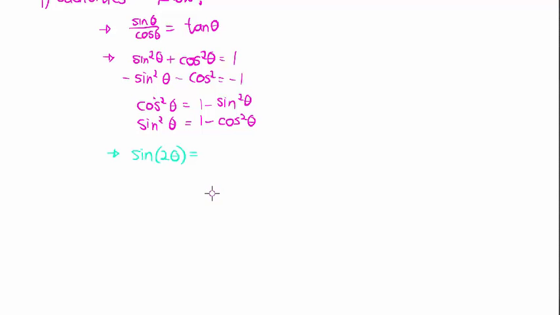I'm suggesting next year that they take that off the formula sheet, because the problem is, guys, you see it and you don't recognize it when it's in reverse. So is it sine of theta by theta? No, it's 2 sine theta cos theta.